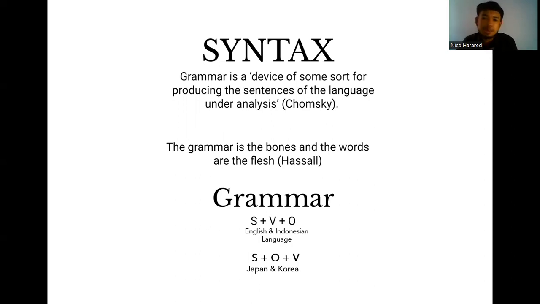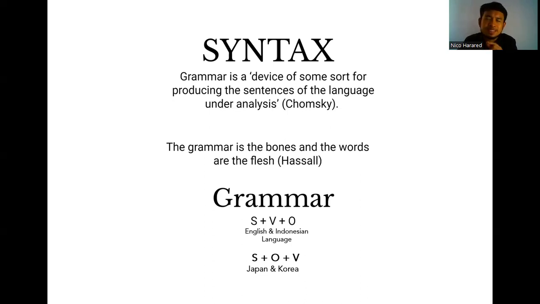In English, and also in Indonesian, the structure of the grammar is subject, verb, and object. At least we have subject and verb. But it is totally different when we talk about Japanese and Korean or some other languages. In Japanese and Korean, we have SOV.